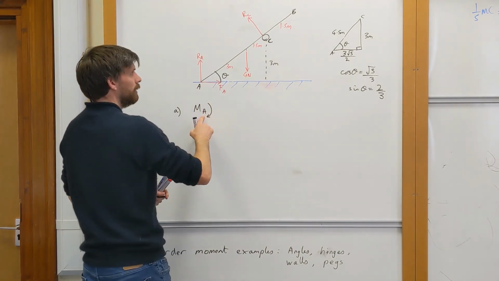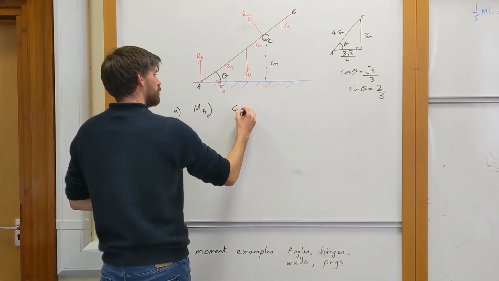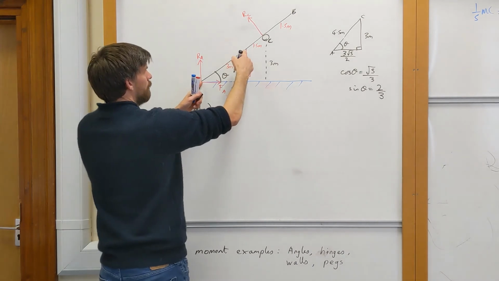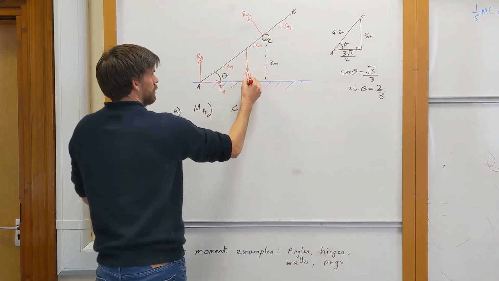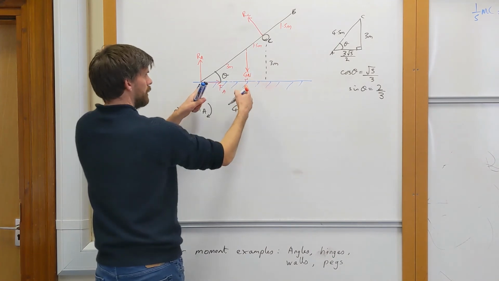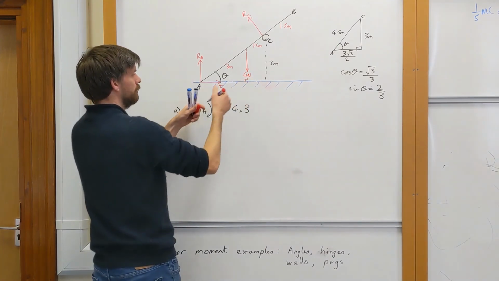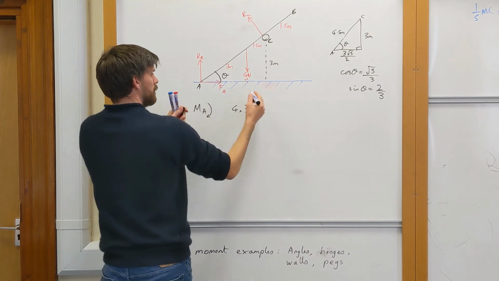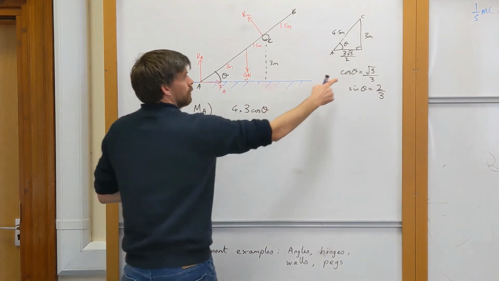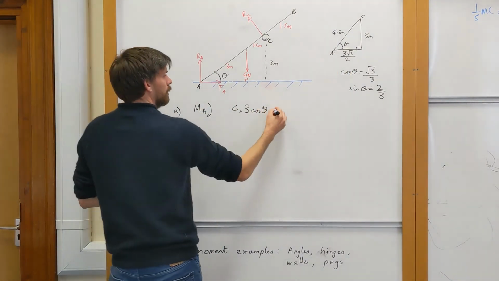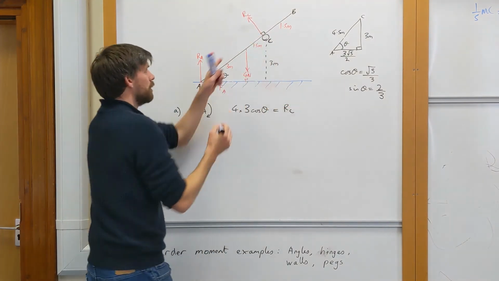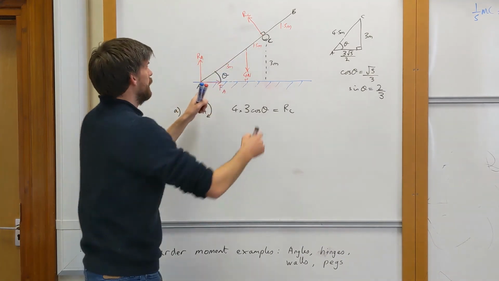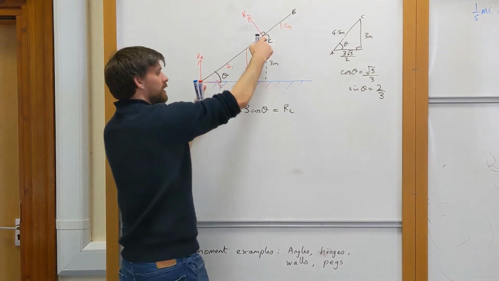For the moment around A, we've got this 4 Newton force, okay, times by the distance it is, and again we need a component because they're not perpendicular. So that is my perpendicular distance. So it's 3 meters times by cos theta, which is there. That's going to be equal to RC. Because RC is perpendicular, it is solely 4.5 meters.